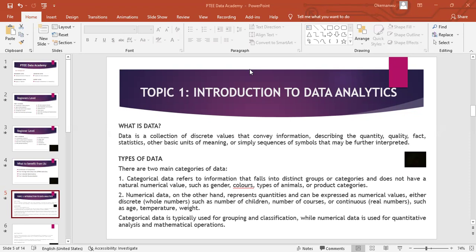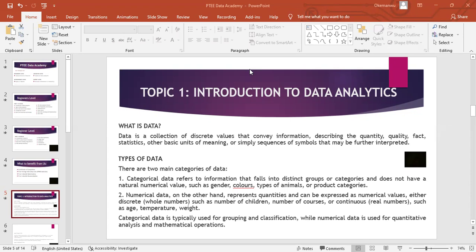You understand that? So a categorical data type is typically used for grouping and classification. So it is used to group items or classify information based on the order of the investigation. While a numeric data is used to quantify information, basically with the use of numbers.